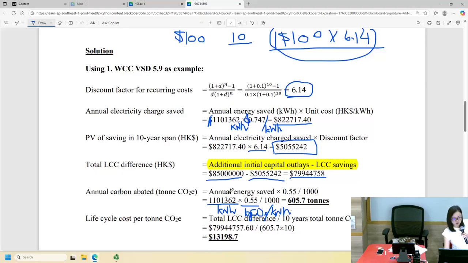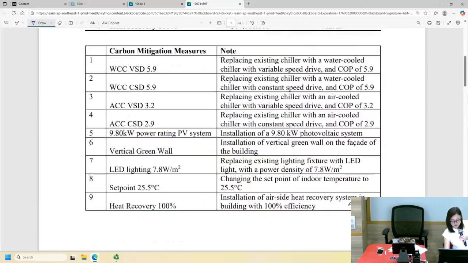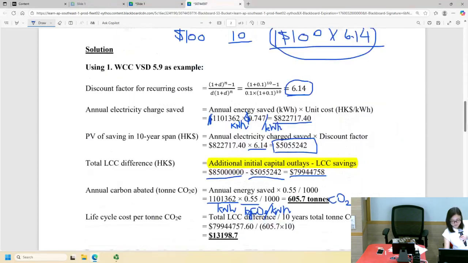So the total energy saved multiplied by the emission factor and divided by 1000, because we want to convert the unit kg into ton. Then we will be able to find out the annual amount of carbon dioxide reduction. Okay, by item number one. So this is the annual carbon reduction in tons of carbon dioxide equivalent.